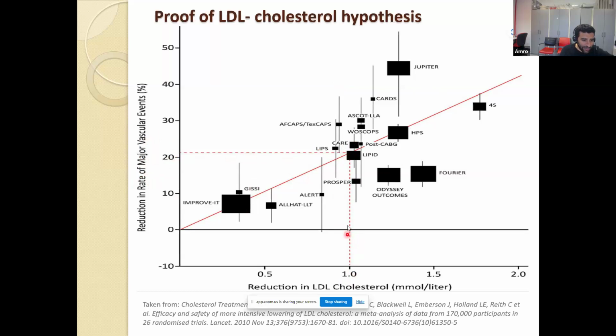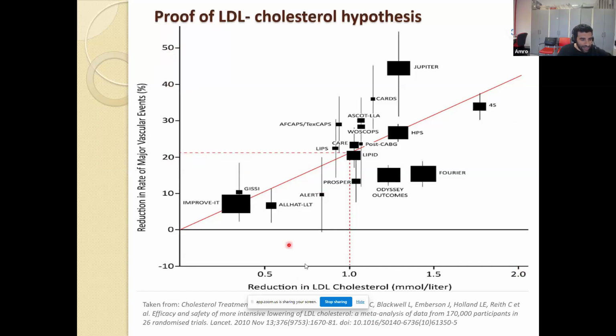So I'll just repeat that again. If you drop your LDL cholesterol by 1 millimole per liter, you reduce your risk of having a cardiovascular outcome by 25%. So if you reduce it by 2 millimoles per liter, or I think whatever double that is, 68 milligram or 74 milligrams per deciliter, you actually achieve a 45 to 50% risk reduction of having a cardiovascular event.